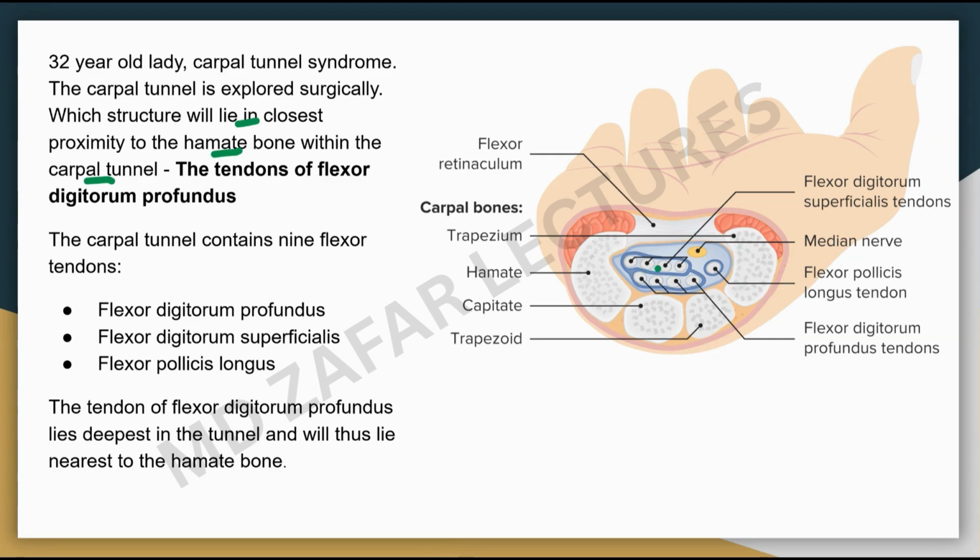So here we have 4 tendons of the FDS, 4 tendons of FDP and 1 tendon of FPL, and the median nerve is also a component of the carpal tunnel. So apart from the options, you will be selecting any option which is one of the components of the carpal tunnel, and in this case the tendons of the FDP.